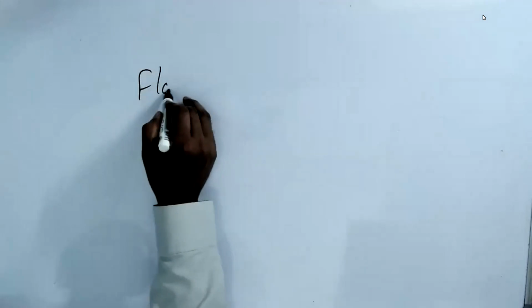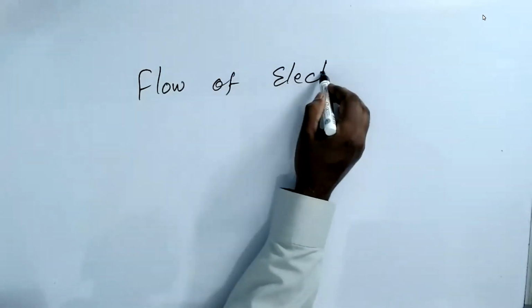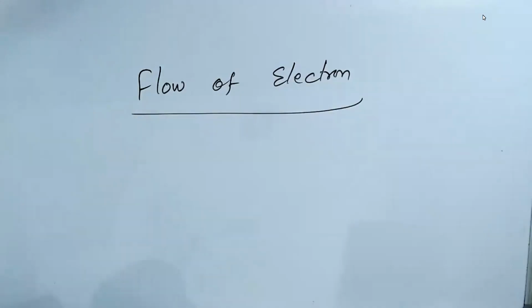The first one is, if I ask what is electricity, it's a very simple word. What is electricity? Most of us always give an answer. It's called flow of electrons. Am I right? When I ask what is electricity, we say the answer is flow of electrons.